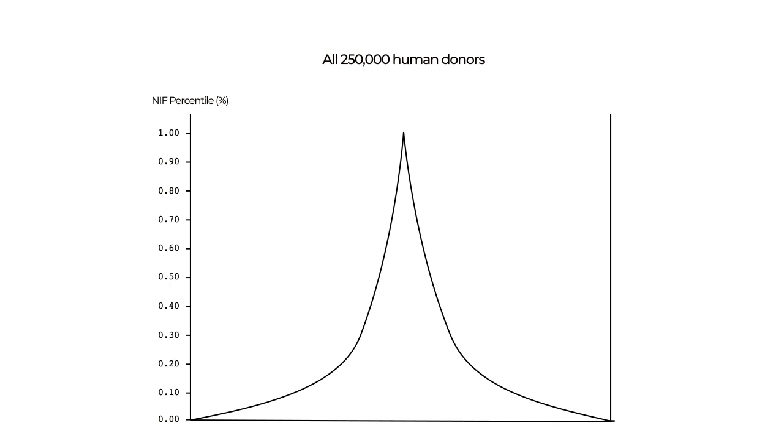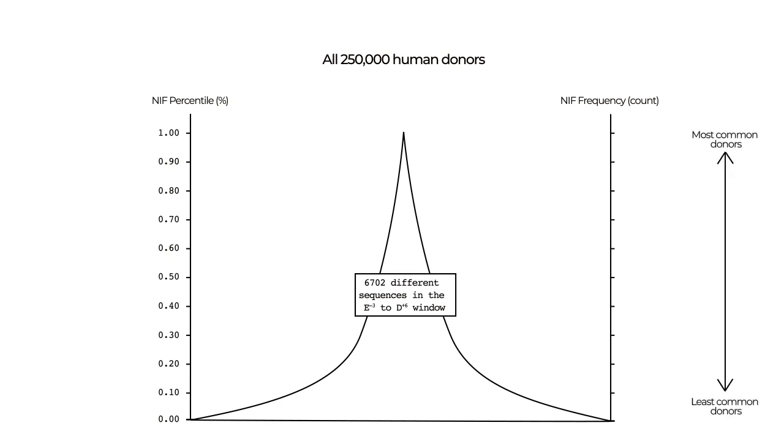The right-hand y-axis shows the raw NIF frequency or count. Of the 262,000 possible 9-nucleotide combinations, only 6,702 sequences for the E-3 to D+6 window actually exist. The least common donor sequence has a NIF of 1, meaning it occurs at 1 intron in the human genome.